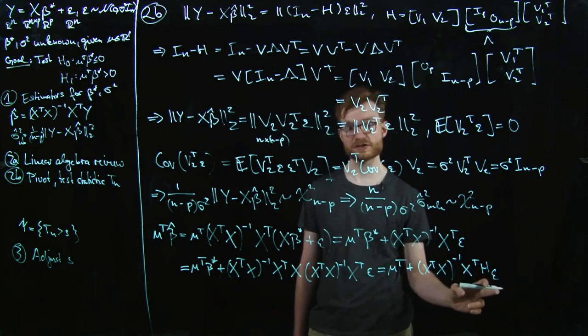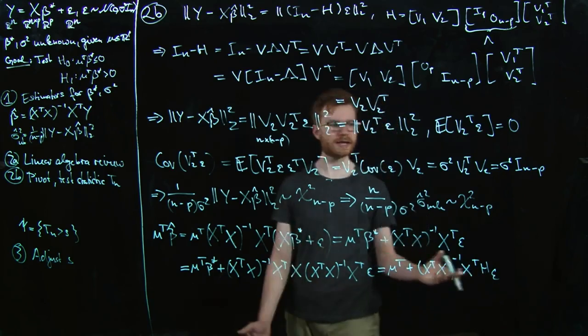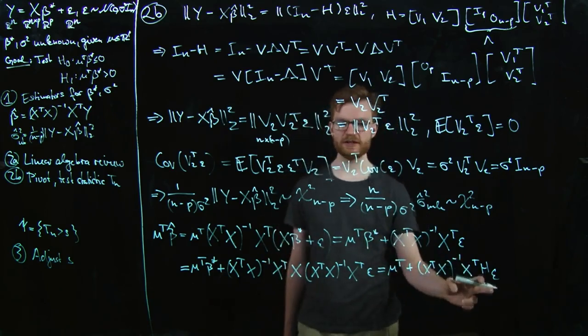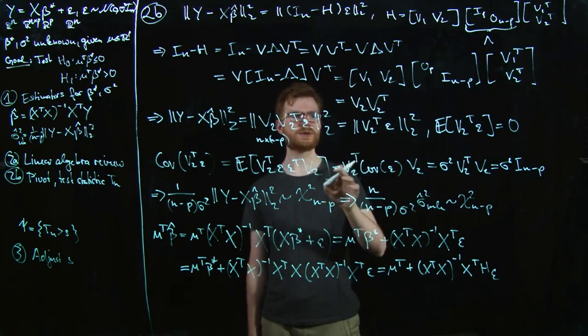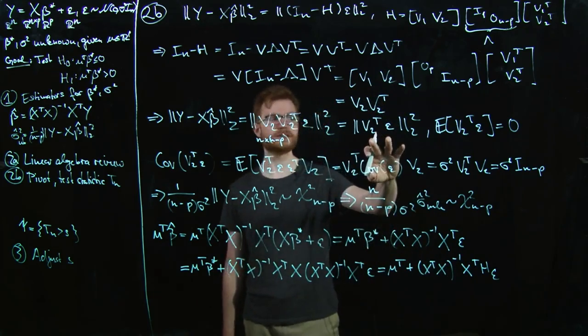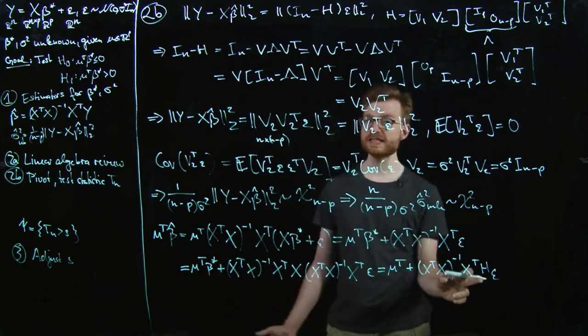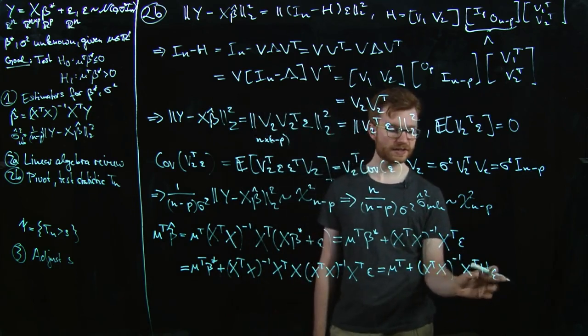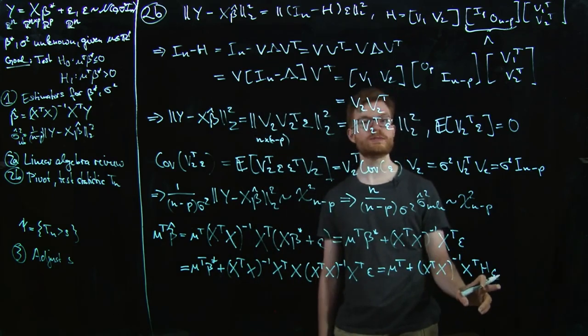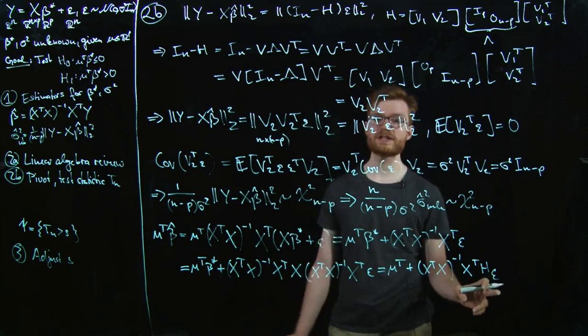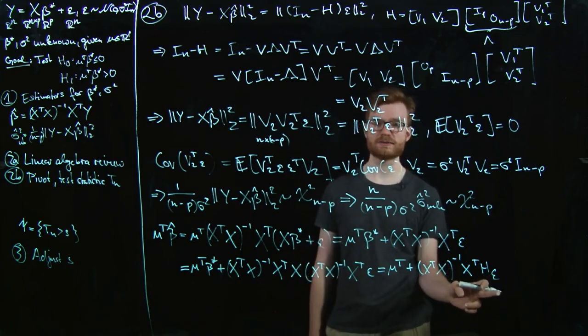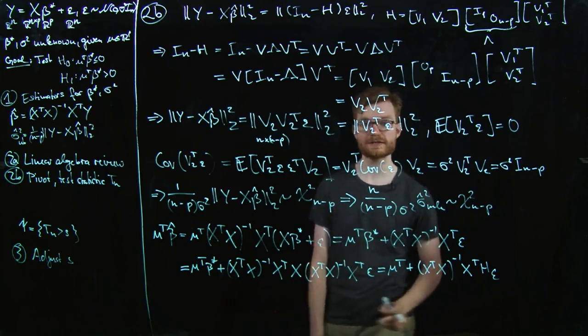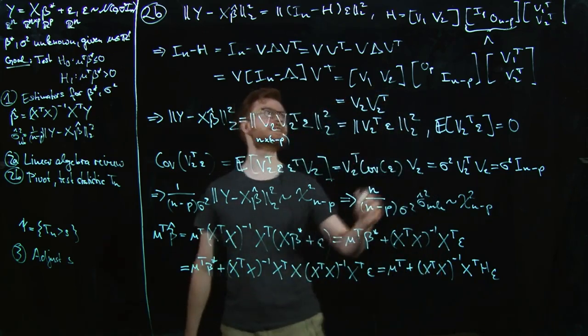It's a linear transformation of the original epsilon. And H epsilon and V2 transpose epsilon are jointly Gaussian, because they both come from the jointly Gaussian random variable epsilon. So all that remains to show independence of these two random variables is to compute their covariance. Why don't we do that?